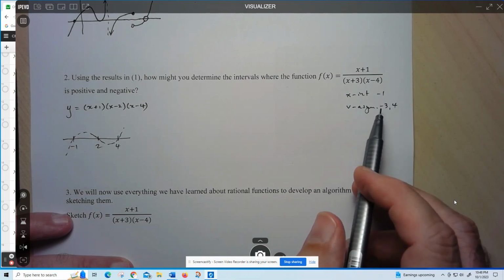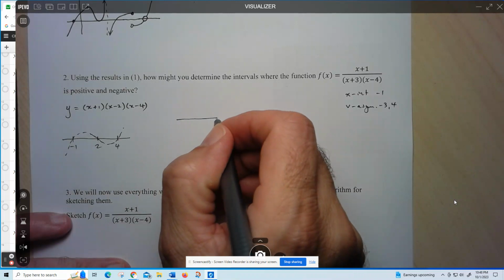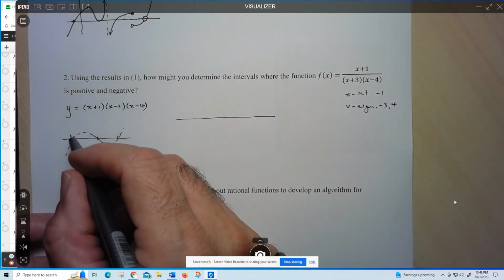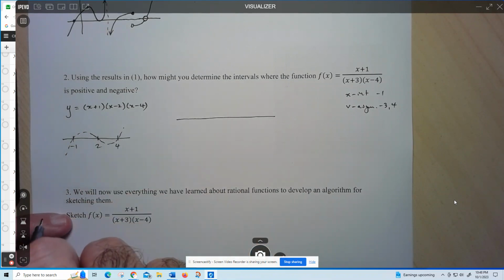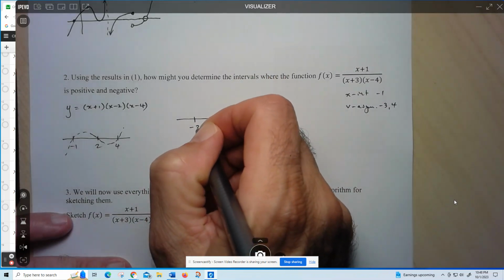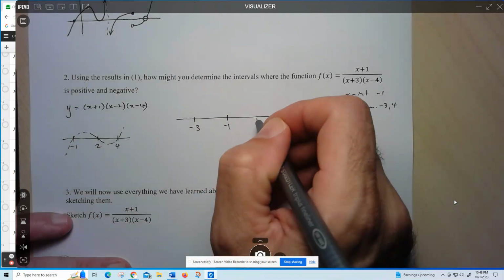So these are the only places. Well, let's use this idea, creating a number line. Similar to what we did before, except with our number line, we were able to sketch the graph of the polynomial over it to see when it was positive and negative. So here, let's put down the values at which it could change sign. Okay?